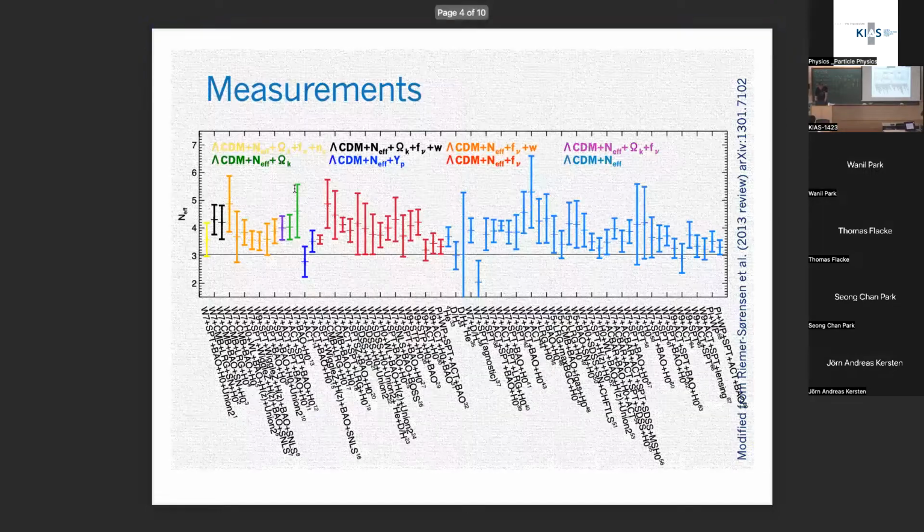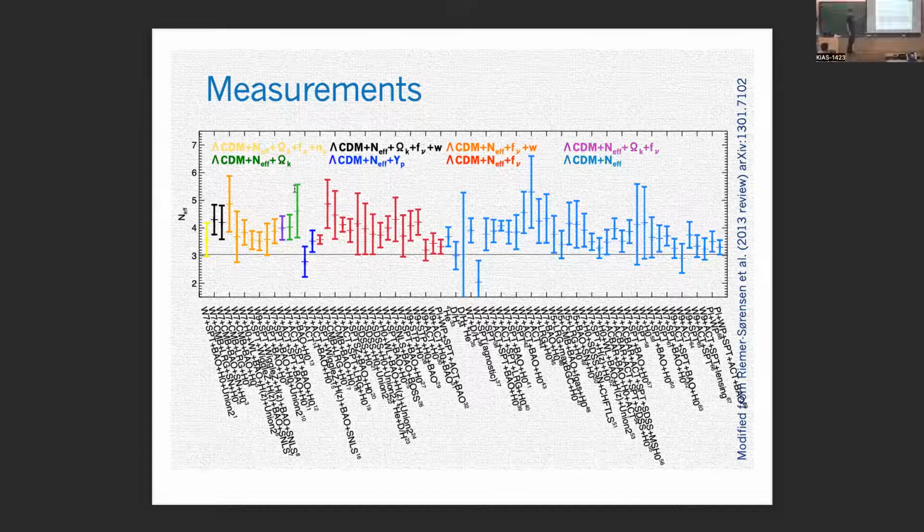Okay, anyway. So, I told you Planck says delta NF is less than 0.3, and there's essentially no indication for dark radiation whatsoever. Now, of course, there are other people observing the cosmic microwave background, and about 10 years ago, sometime in 2013, there were quite a lot of measurements that had a pretty high number of effective degrees of freedom.